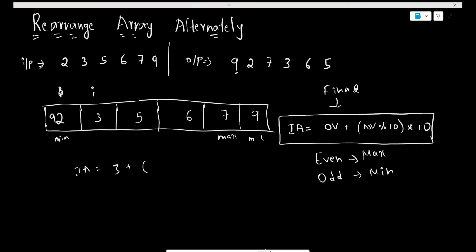So 92 percentile 10 into 10, that is 3 plus 2 into 10, that is 23. So update here, and after that I is incremented, and we have used min, so min is also incremented.